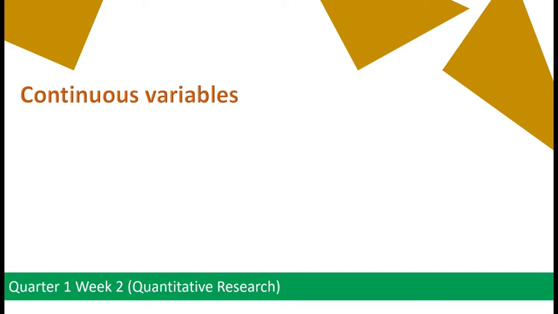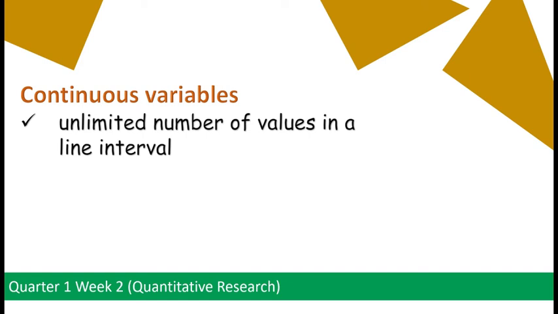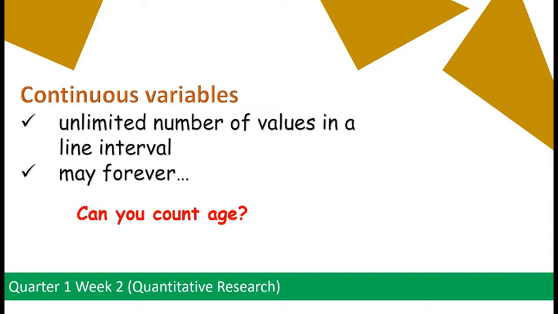Continuous variables are those whose observations can assume any one of the countless number of values in a line interval or between the highest and lowest points of measurement. Continuous variables would literally take forever to count. In fact, you can get to forever and never finish counting. For example, take age. Can you count age? Why not? Well, because it would literally take forever.